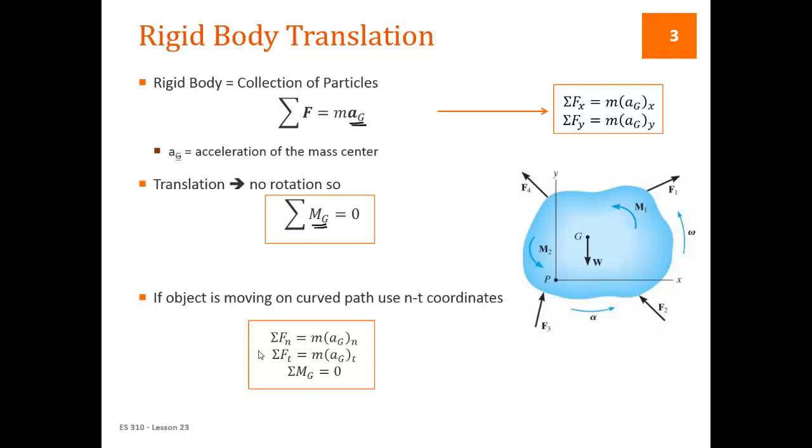We would then use the normal and tangential components, and we'd have the forces in the normal direction equal to mass times the acceleration of the center of gravity in the normal direction. And the forces in the tangential direction is equal to mass times the acceleration of the center of gravity in the tangential direction. And once again, the moments around the center of gravity is equal to 0.